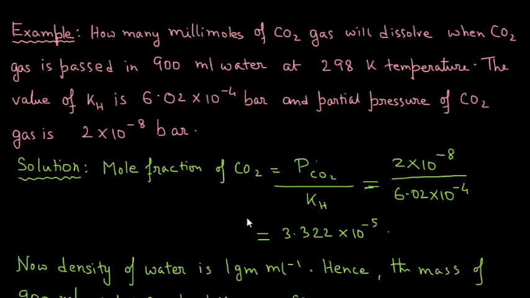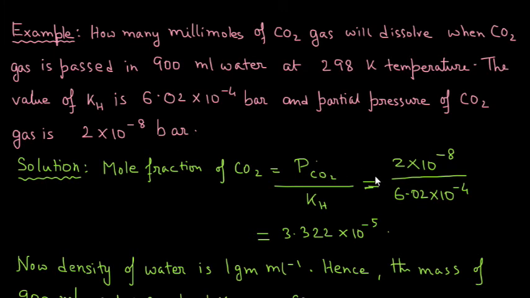Let us see one more solved example. How many millimoles of CO2 gas will dissolve when CO2 gas is passed in 900 ml water at 298 K temperature? The value of KH is 6.02 multiplied by 10 to the power minus 4 bar, and partial pressure of CO2 gas is 2 into 10 to the power minus 8 bar.